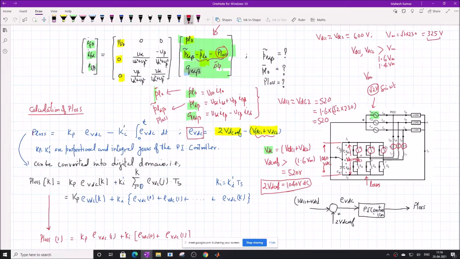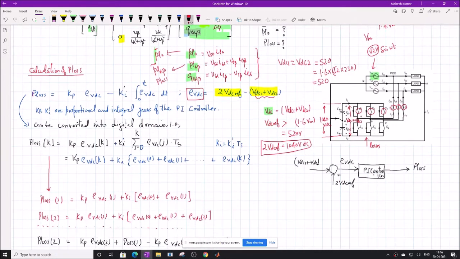You can see in the diagram here. This is the PI controller to implement the PLOS term. So this is 2 VDC ref here, and this is the actual DC link voltage VDC1 plus VDC2. This is the minus sign, this is the plus sign, so plus minus becomes the error for this controller, and it is passed through a PI controller which generates the term PLOS.